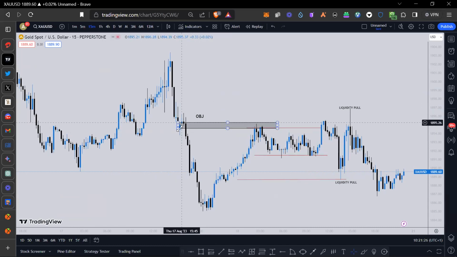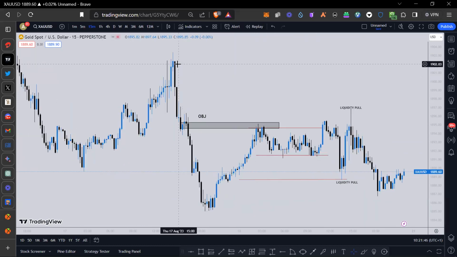These two candles here are open orders, orders that these market makers created so that if price comes back here and closes, the market can continue to trend to where it's supposed to trend to.